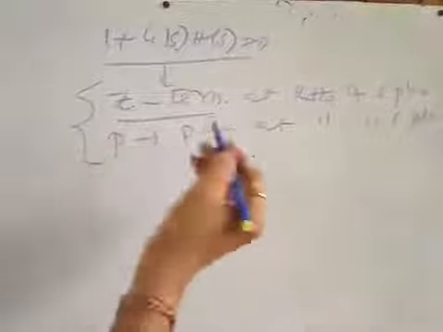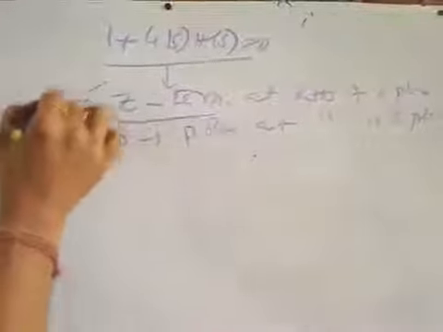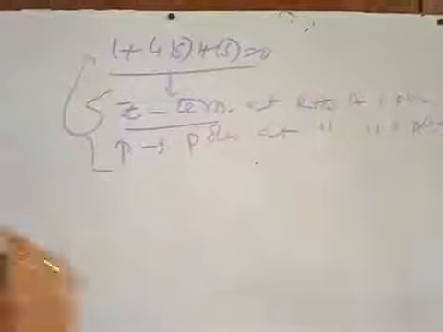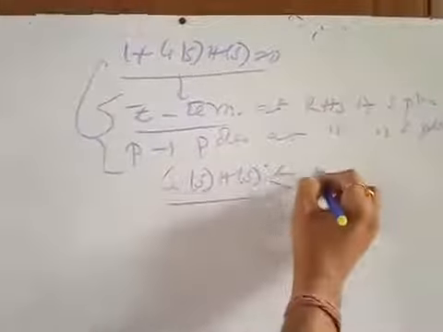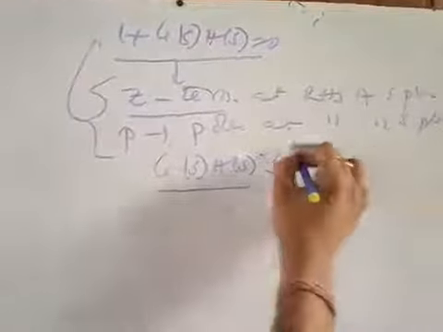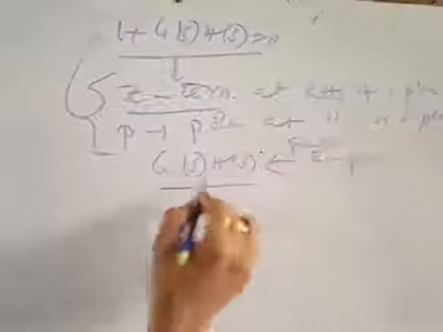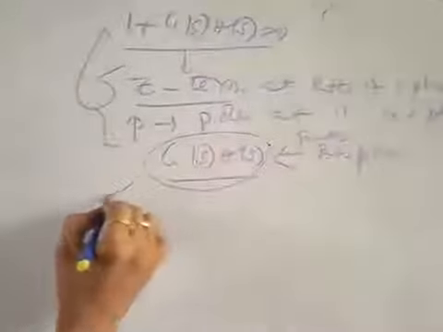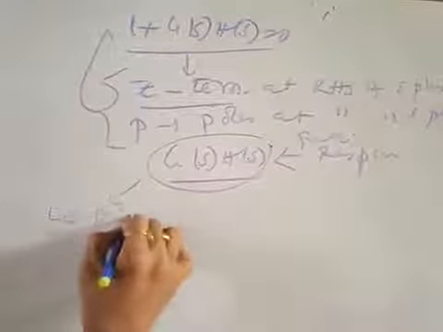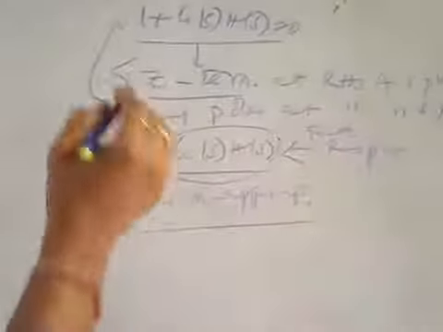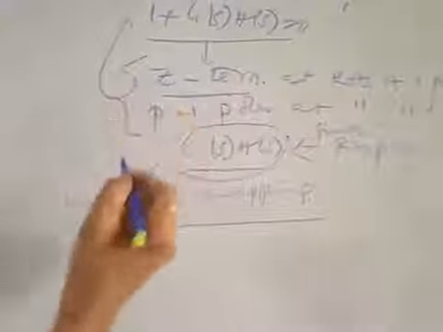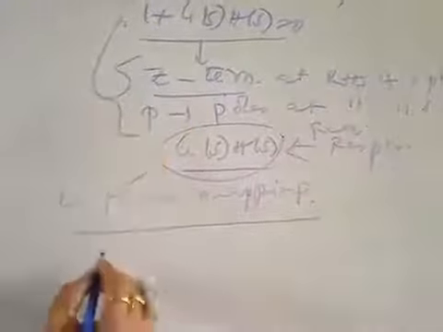That means if you know the number of zeros and the number of poles at the right hand side of the s plane, both related to 1 plus G(s)H(s), and you know the frequency response of this transfer function G(s)H(s), then there is a relation which is known as conformal mapping. By using this conformal mapping, we can relate the stability of the system.